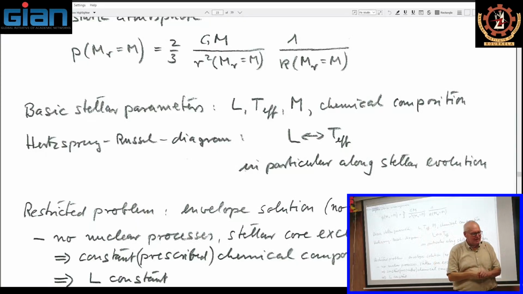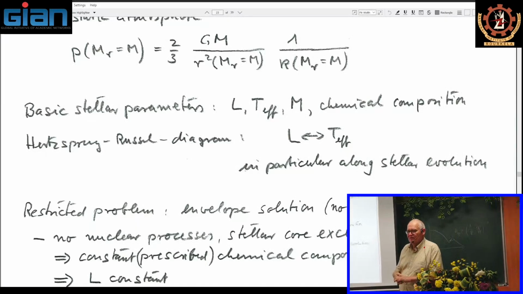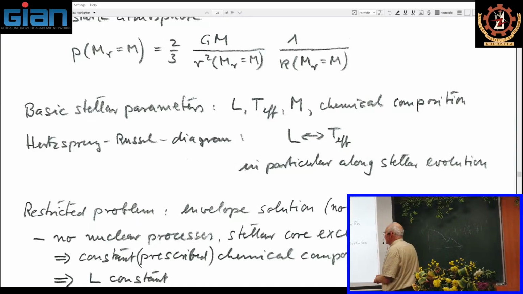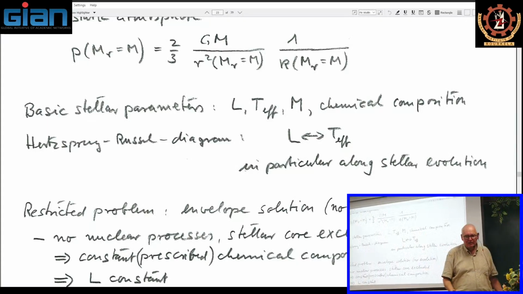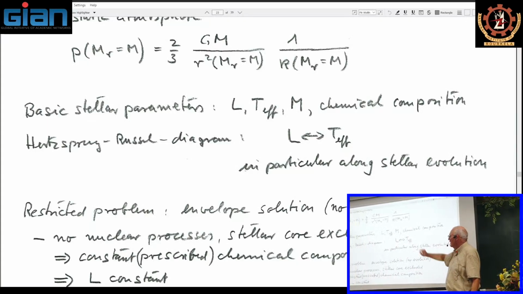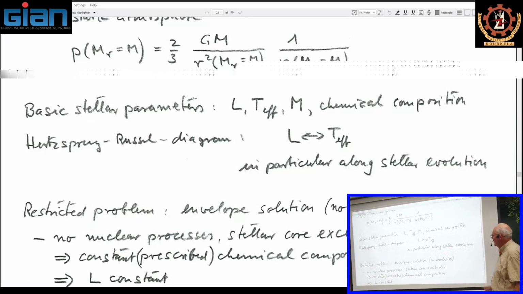This is determined by the observation, and you possibly also have some information on the mass. You estimate the mass and you have the position in the HR diagram. Then you have three parameters available.